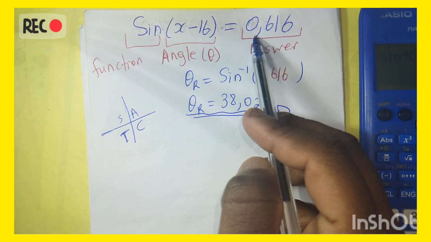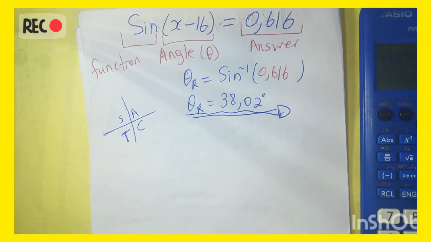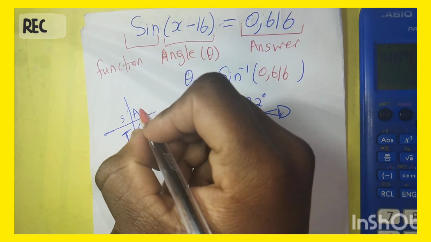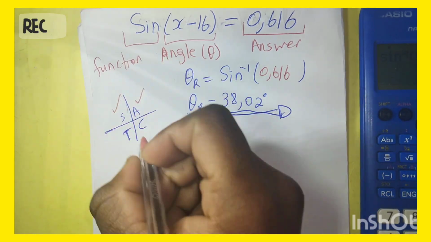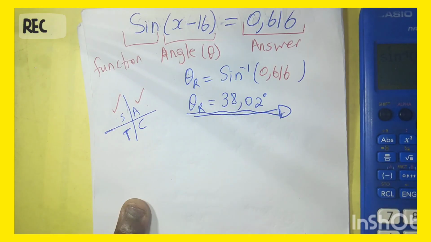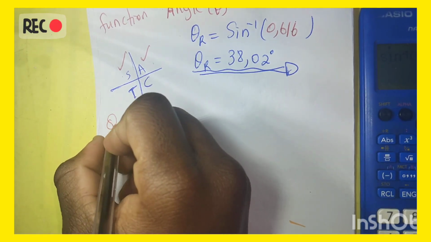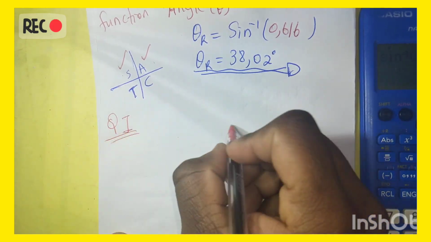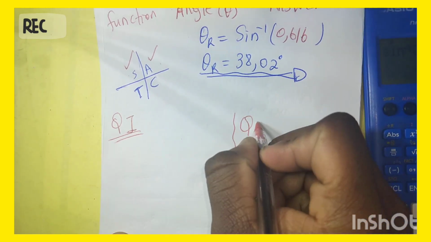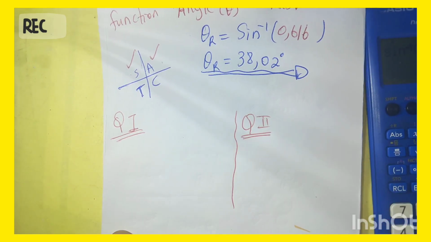If the answer is positive, it says that the function is also positive, and the function will be positive in these two quadrants, the first quadrant and the second quadrant. Now I will find my general solution on the first quadrant as well as on the second quadrant.